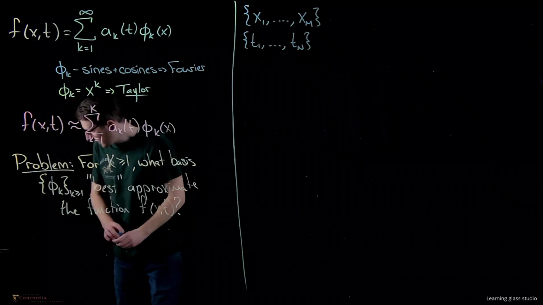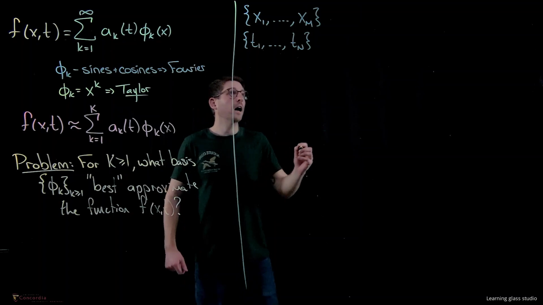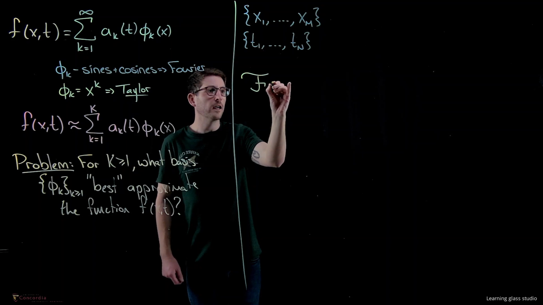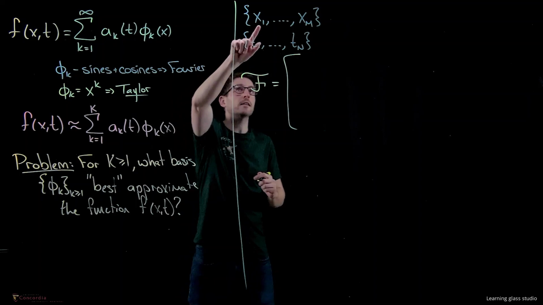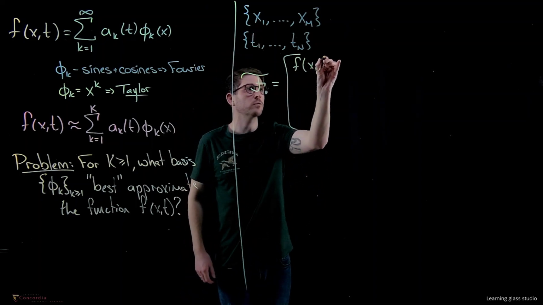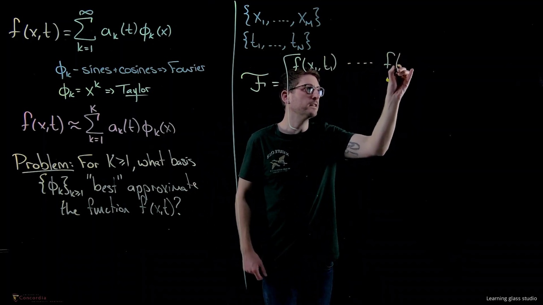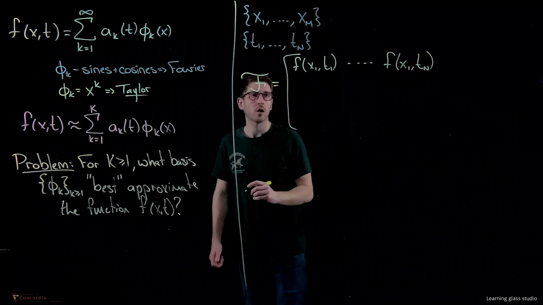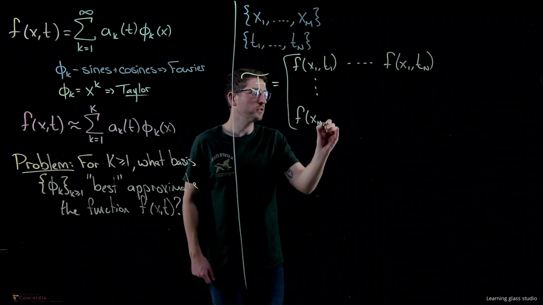And so in this case, I'm going to assume that I can create this big matrix, I'll call it F, that is going to be samples of this function at this space-time grid. So for example, the first element here is going to be f of x1, t1. And I'm going to go across in time in the columns, and I'll go space in the rows.